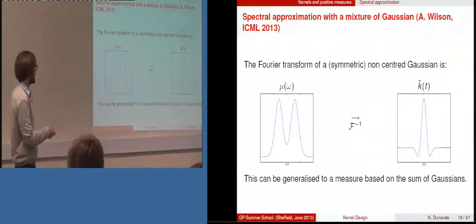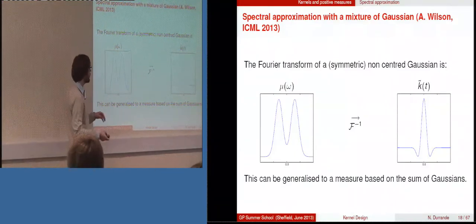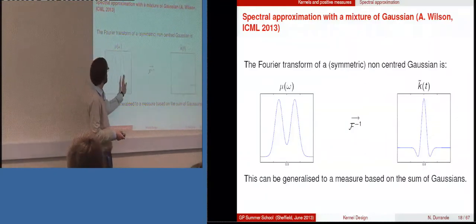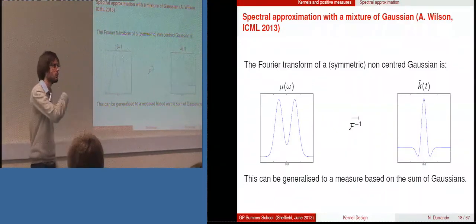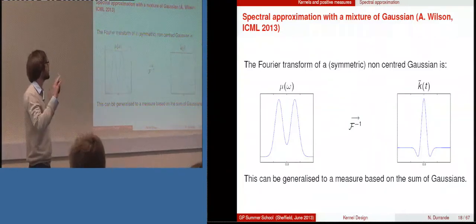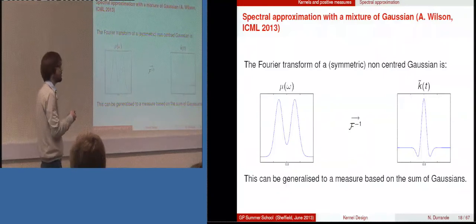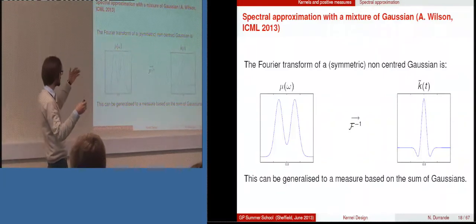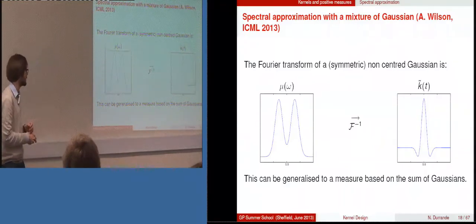We can generalize it by considering a more complex structure where we sum many Gaussians in the measure space, so we will try to approximate the spectrum of the function we want. Someone asked a question on how to build a kernel in a, say, less parametric way. It's still parametric because you're adding more parameters, but you're doing this parameterized estimation in the Fourier space.